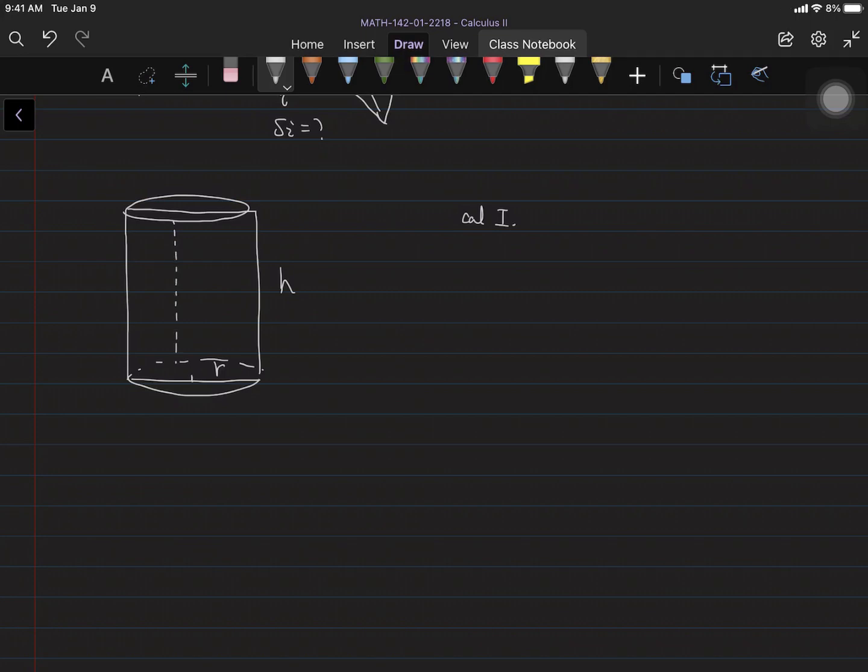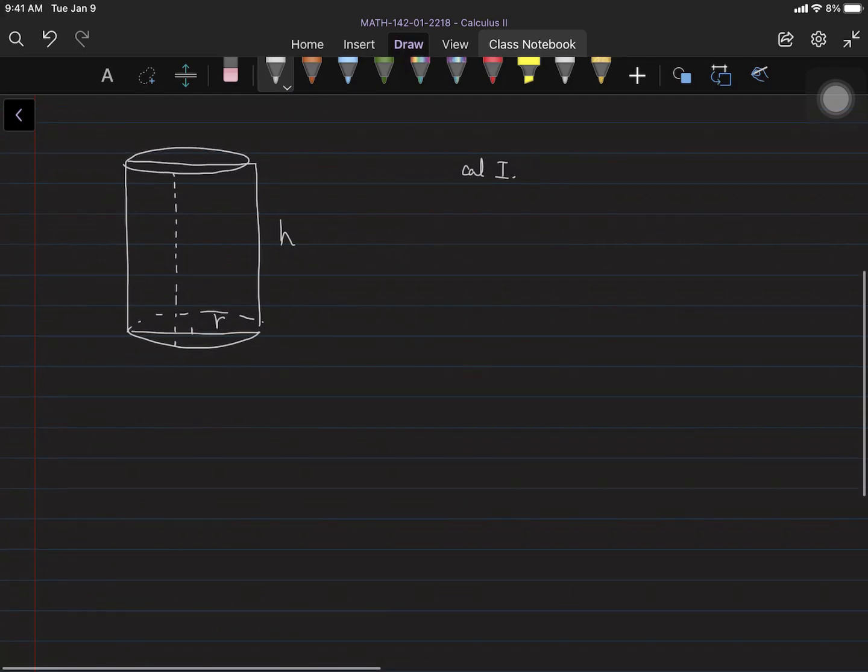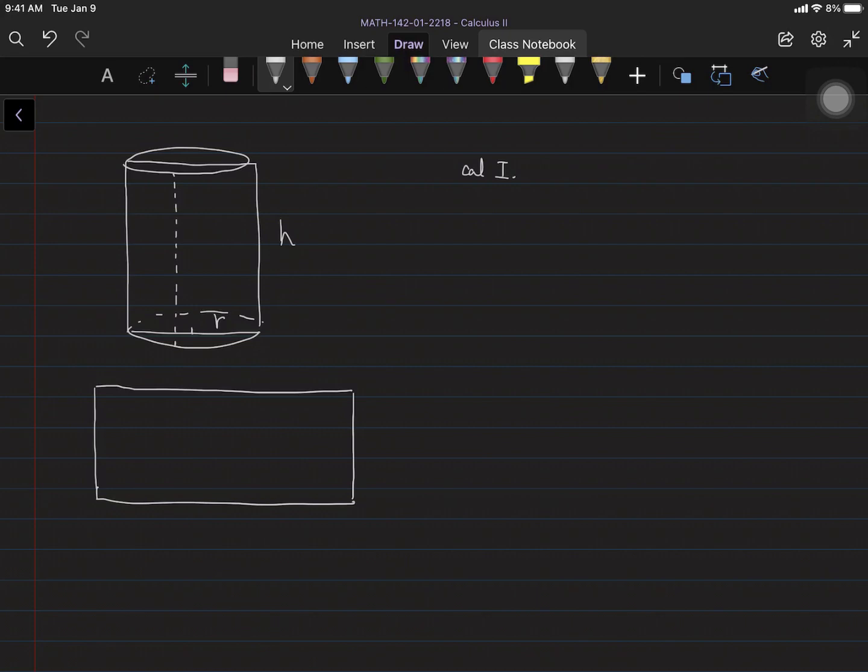We can cut the cylinder, and then we unroll this, and we can get a rectangle, right? Like this.